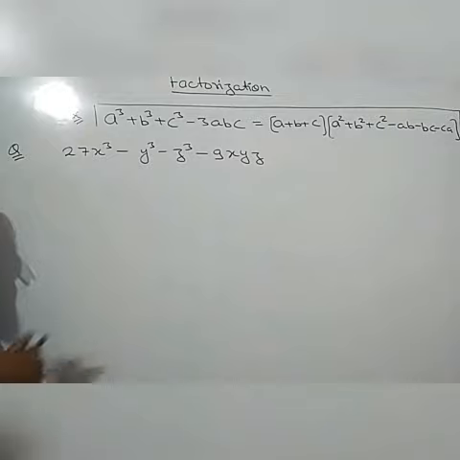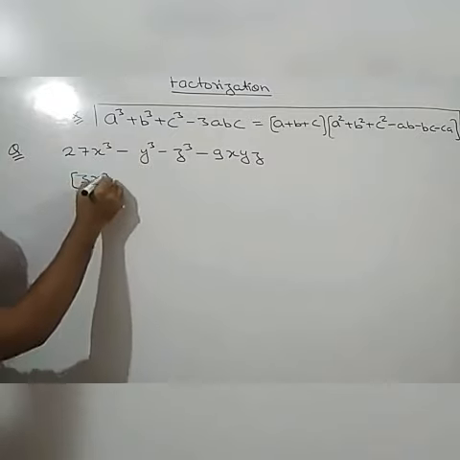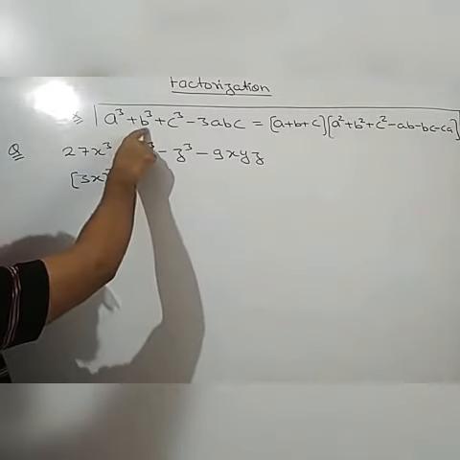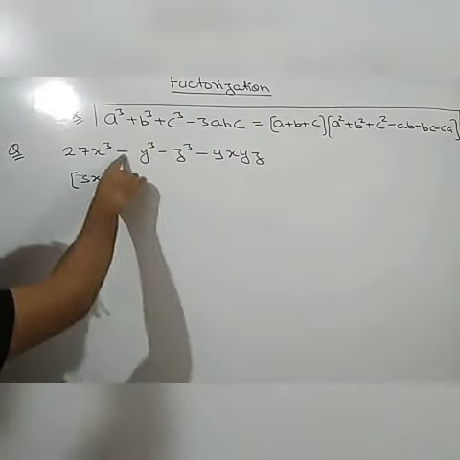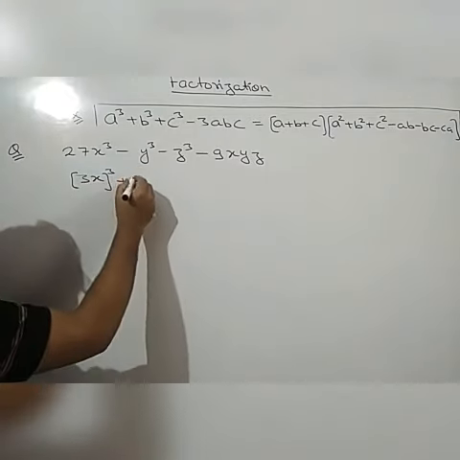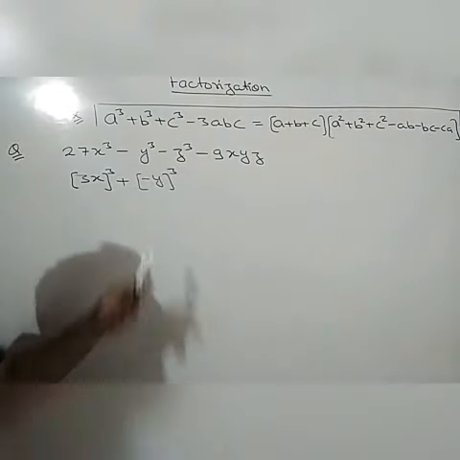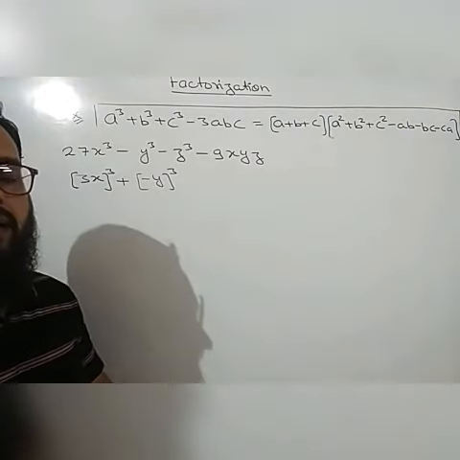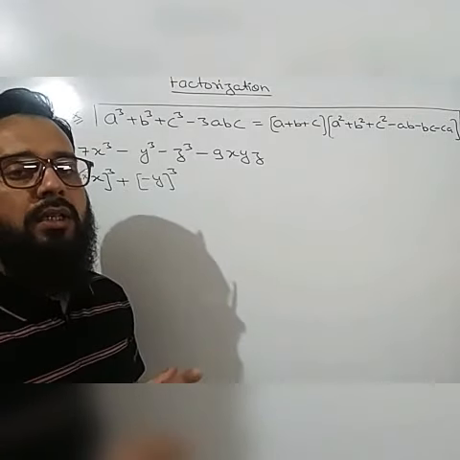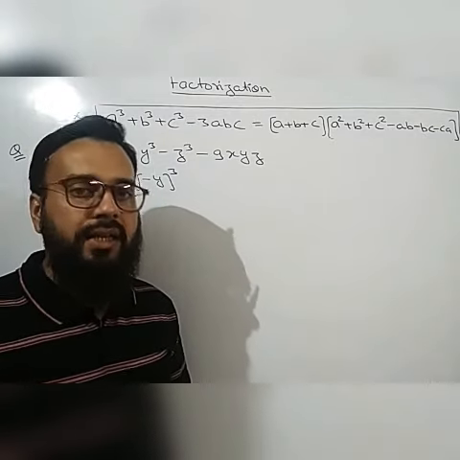Okay, so for that first we will write 27x cube as 3x whole cube. Clear? Now what is the sign of the second term, that is b? It is plus b cube, but here it is minus. So we will take a plus sign here. Now this is y cube, so in the bracket we will take minus y whole cube, because we know that an odd power of any negative number is always negative.